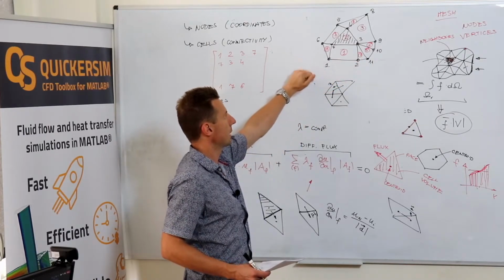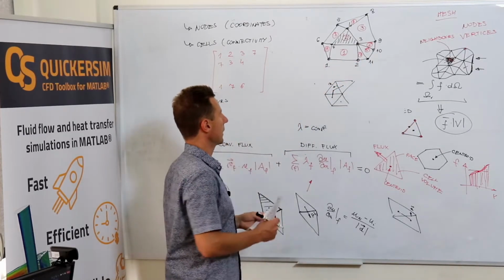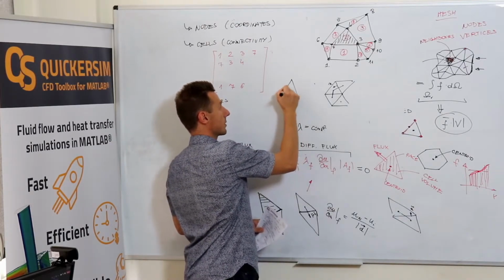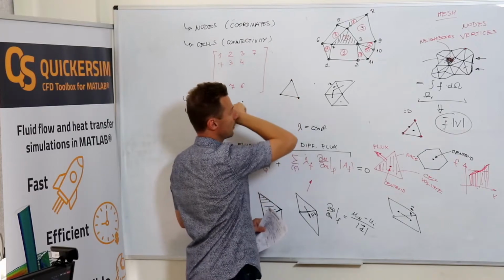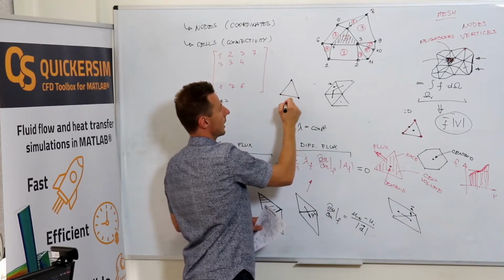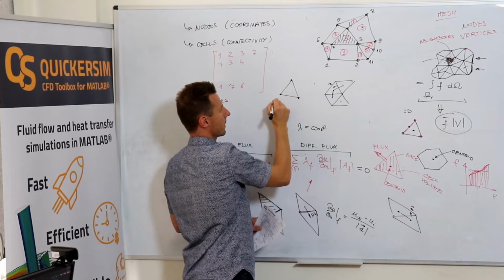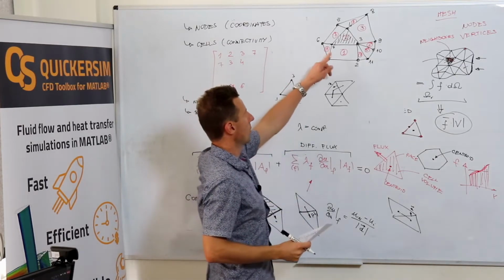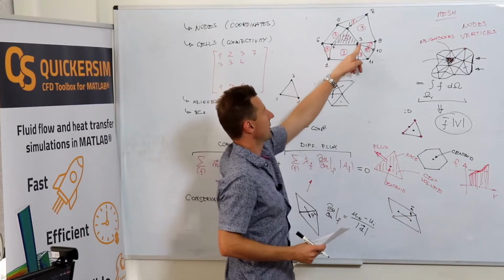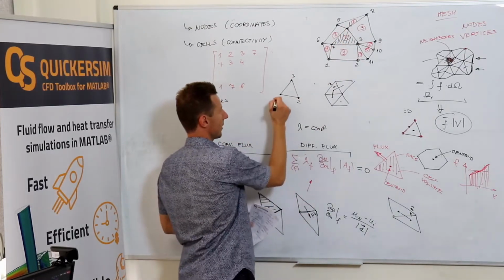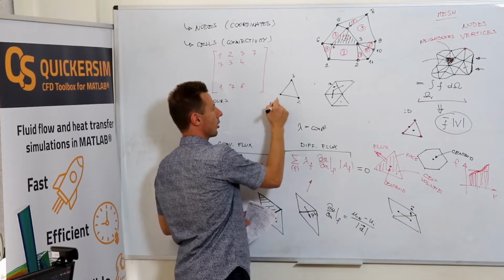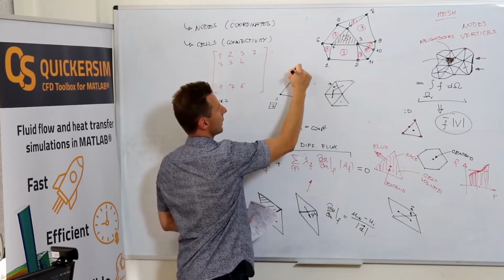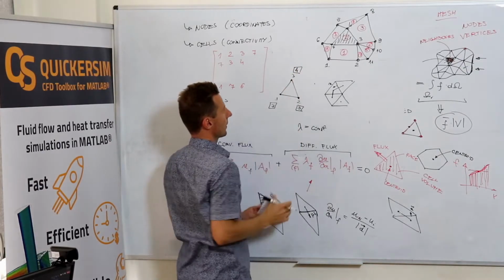Or, as with finite elements, very often you say that I've got local nodes 1, 2, 3, and the global nodes might be 7, 3, 4.